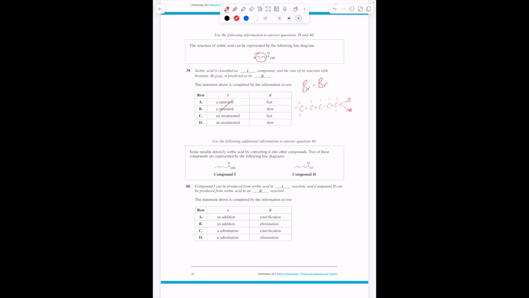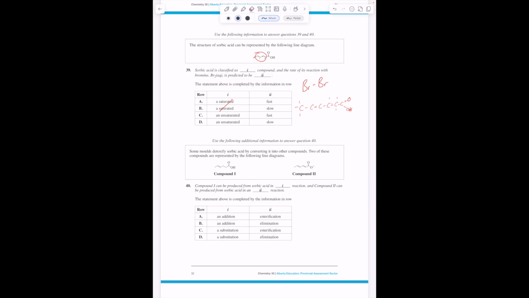So the way bromine reacts here, I'll put these on the bottom and then we can show it. Bromine could come in and react right here. That bond snaps, and then bromines can stick right there, which is called an addition reaction.